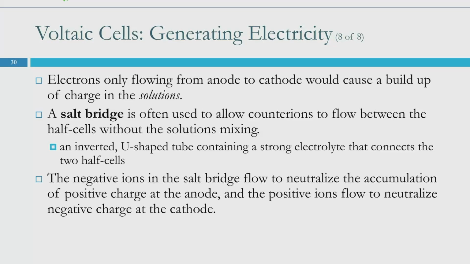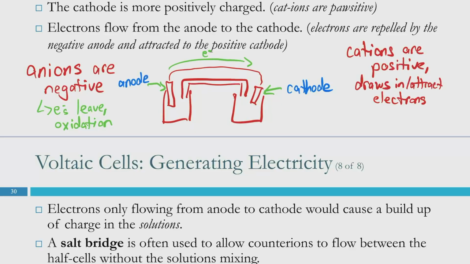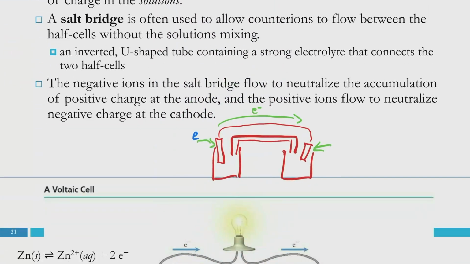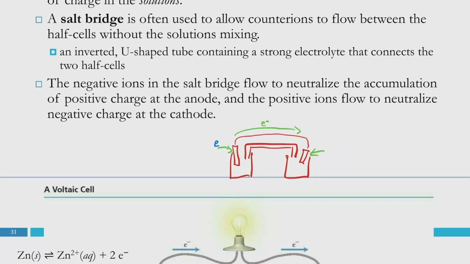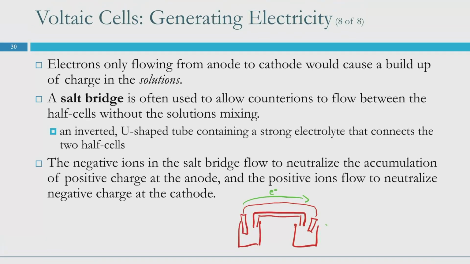So the salt bridge, let me copy this, because I don't want to draw it again. For time reasons, definitely. So if we don't have a salt bridge, then our charge builds up. We would end up with a negative charge on the right, positive charge on the left. But with a salt bridge, that's this bit in the middle.